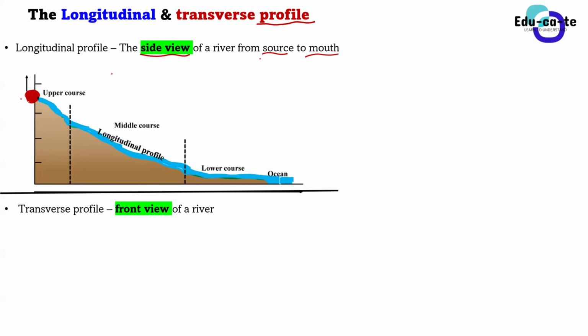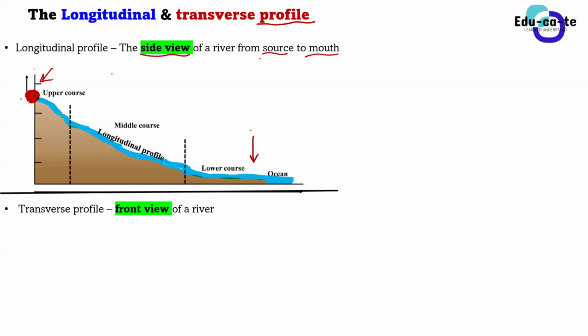Remember, it begins at the source where it collects its water, the catchment area. Then it ends here at the mouth where it enters into the ocean. Let me repeat myself again. The river begins at the source where it collects its water, usually a catchment area. Then it ends at the mouth where it enters into the ocean or into the sea. All right.